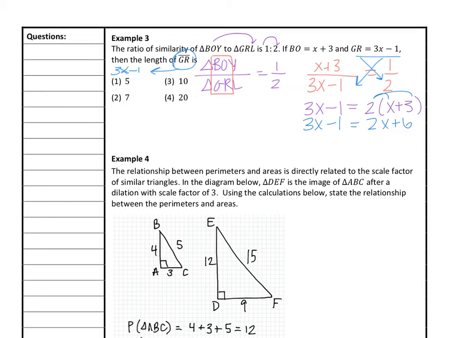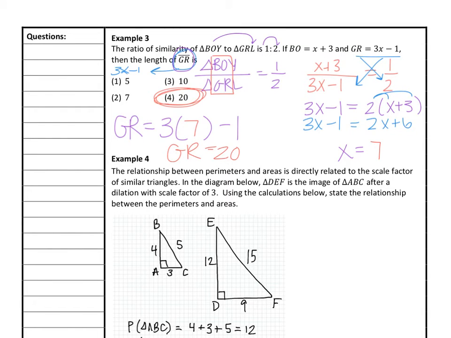Now, if you had already gone ahead and done this, you could have 2x plus 6 on the left, 3x minus 1 on the right. It doesn't matter as long as you are able to solve and get the same answer. So pause the video real quick, solve this for x, and then go back and find the length of GR. And remember that that is 3x minus 1, so you literally just replace the x with whatever we find over here on the right. Alright, so again, pause the video, hit play when you're ready to see the final answer.